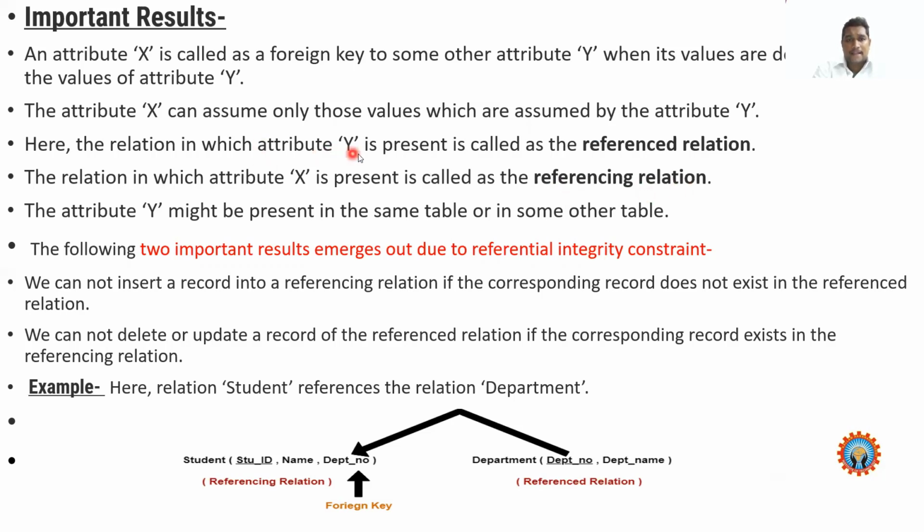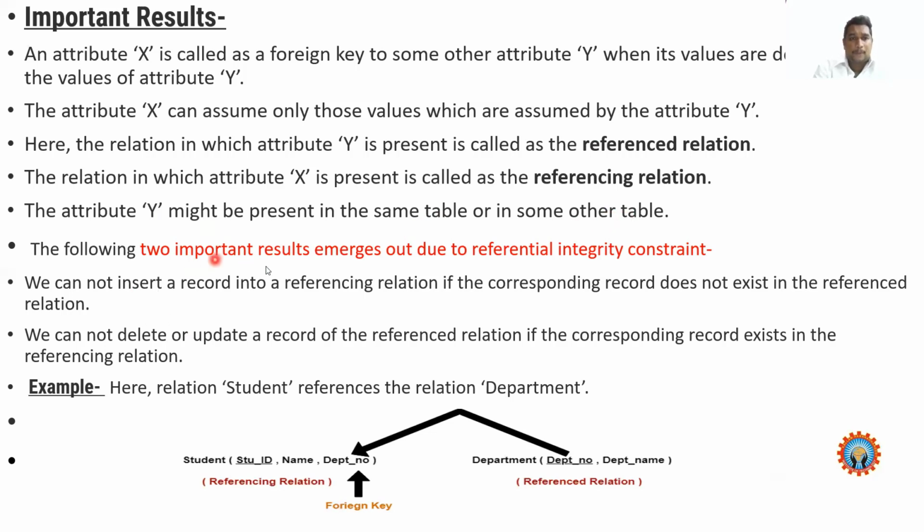The primary key or master attribute relation is called the referenced relation. Okay, so the attribute Y might be present in the same table or in some other table. Already we discussed it. The data should be available in the same table, that is a primary attribute, and in some other table, that is nothing but the referenced attribute.